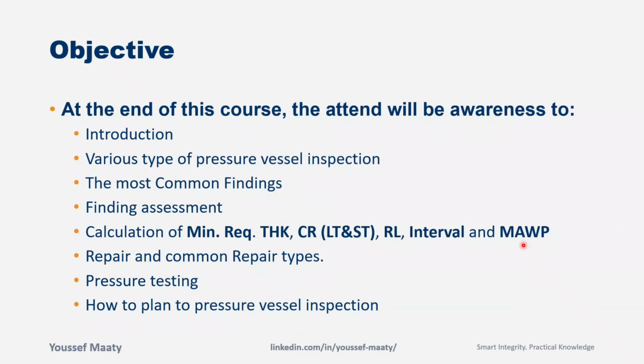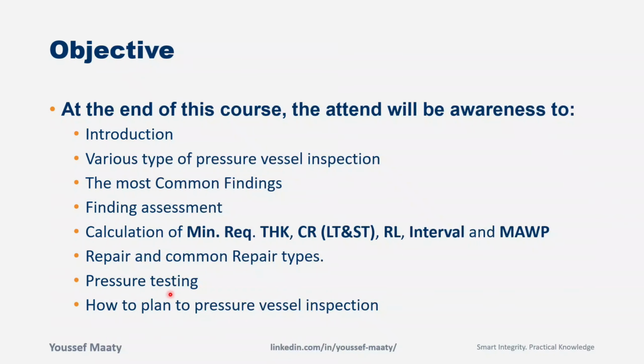Once the assessment is completed, the vessel may be acceptable with monitoring or considered fit for service. In other cases, the findings may require repair. We will discuss common repair methods in detail, including both temporary repairs and permanent repairs. We will review the repair techniques commonly used in industry. After repairs, we may need to perform pressure testing.